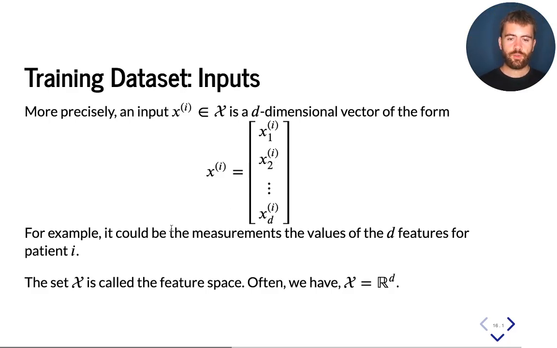The set of values that each of these measurements can take, we're going to denote with script x, and script x is called the feature space. In practice, we often have script x being either equal to the d-dimensional set of real numbers, or it could be a subset of the real numbers.